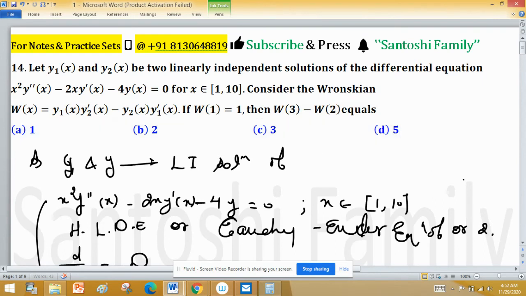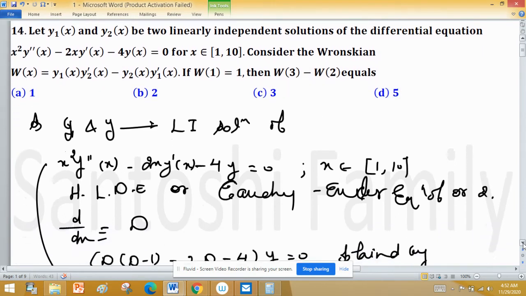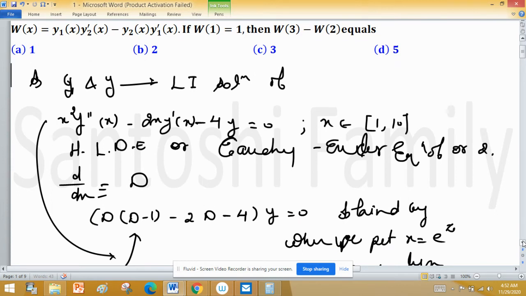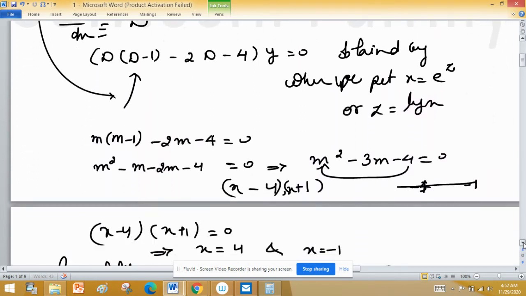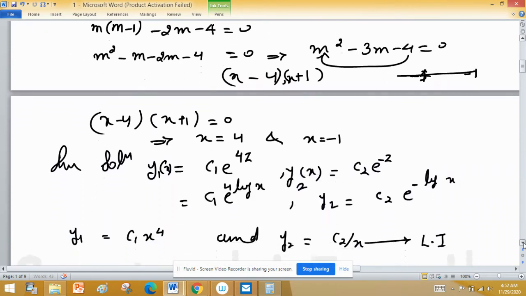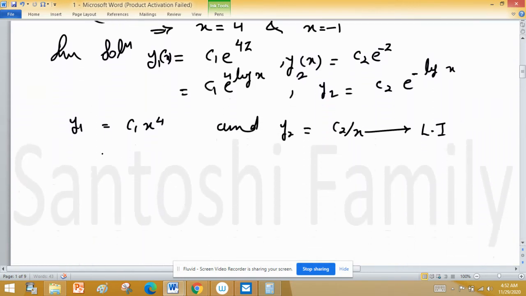This is the Wronskian. The Wronskian W(x) is defined as y1 y2' − y2 y1'.